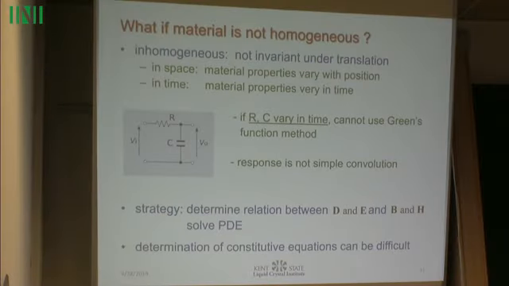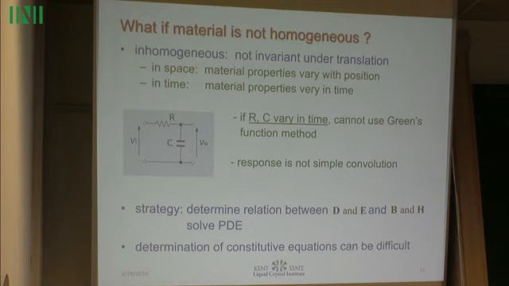And here, what I want to stress is that we can't use Green's function because the system is not homogeneous, right? It is as though you had a resistor and a capacitor varying in time. If you want to determine the temporal response, you can't use Green's functions.